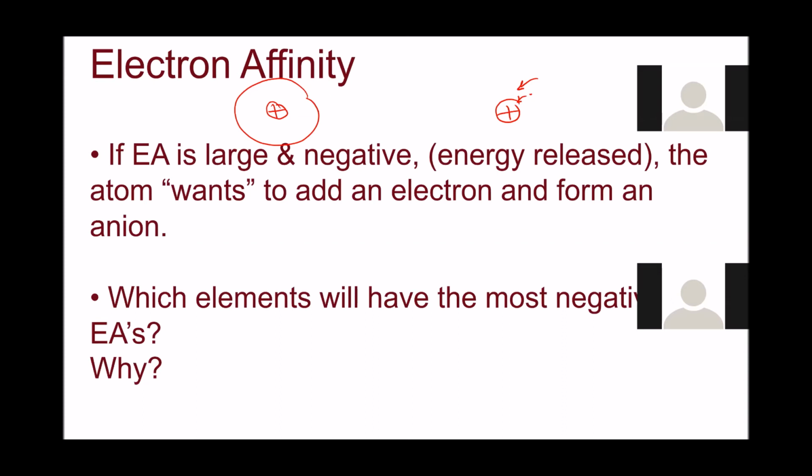So electron affinity is going to again go in the opposite direction to the size. Smaller atoms will have higher electron affinity, larger atoms will have lower electron affinity. It's basically the same trend as for ionization energy. Smaller atoms had larger ionization energies, larger atoms had smaller ionization energies.